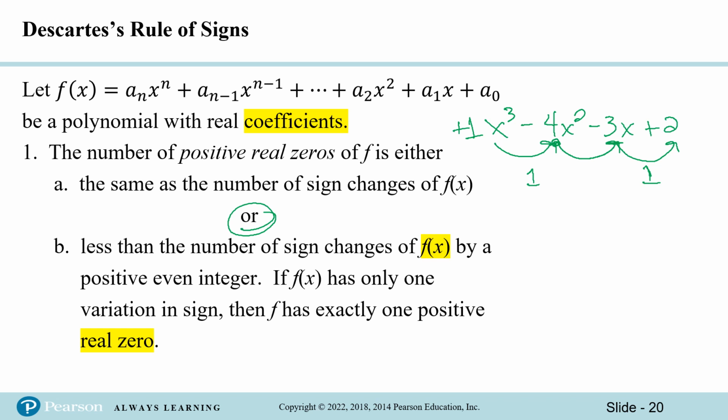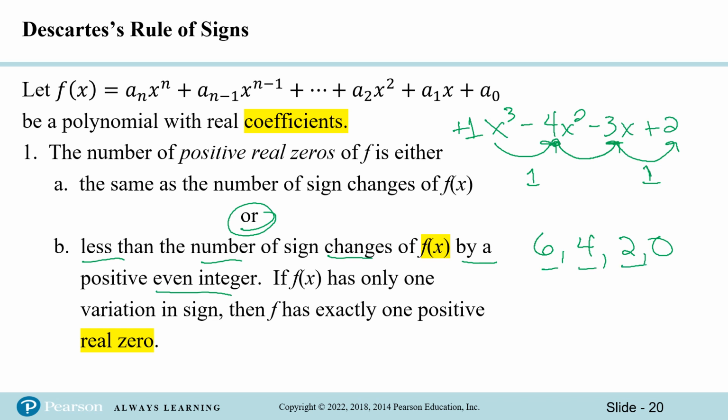Or less than the number of sign changes by a positive even integer. So if, say, for example, we had 6 sign changes, then it could be 6 positive real zeros, or take away 2, take away 2, take away 2.